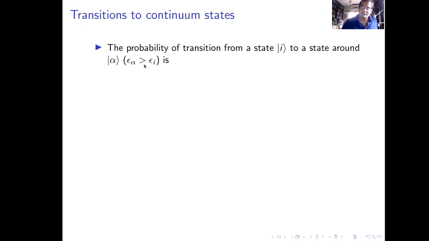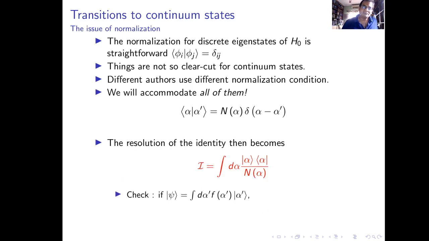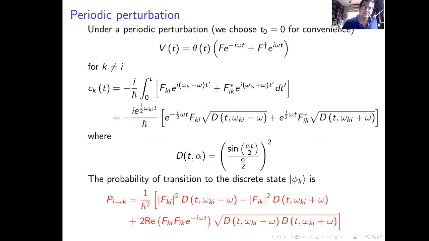Now, if you go back quite a way and take a look at this expression, here you have three terms, but notice that if omega is close to omega ki, that is epsilon k minus epsilon I by h cross, then this term is going to dominate over the other two and we can safely ignore the other two. So that is what we mean when we say we are ignoring non-resonant terms. I'm not claiming that we are exactly at resonance or omega is exactly equal to omega ki, but when omega is close to omega ki, this term is much bigger than these two other terms. That's what we are going to use here.